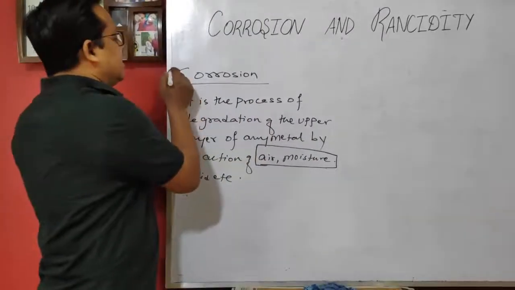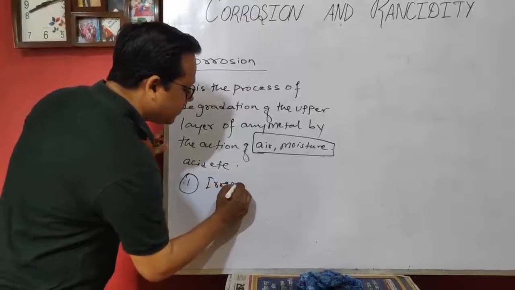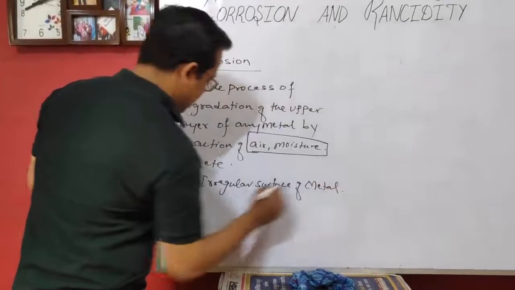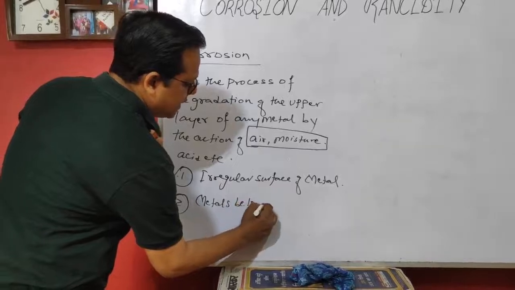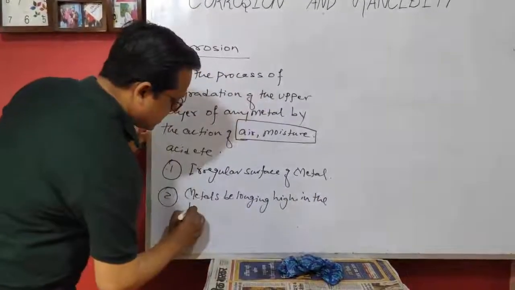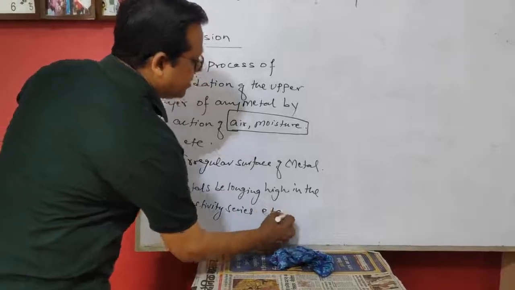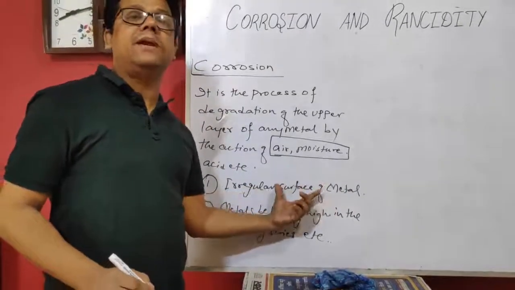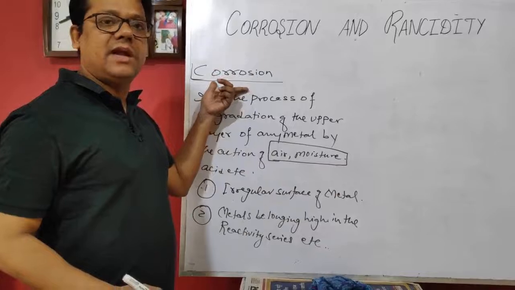Some of the factors responsible for increasing the rate of corrosion are the irregular surface of the metal, and metals belonging high in the reactivity series, etc. When the metal surface is irregular, moisture gets deposited there, and wherever the moisture is present, the metal will get corroded.